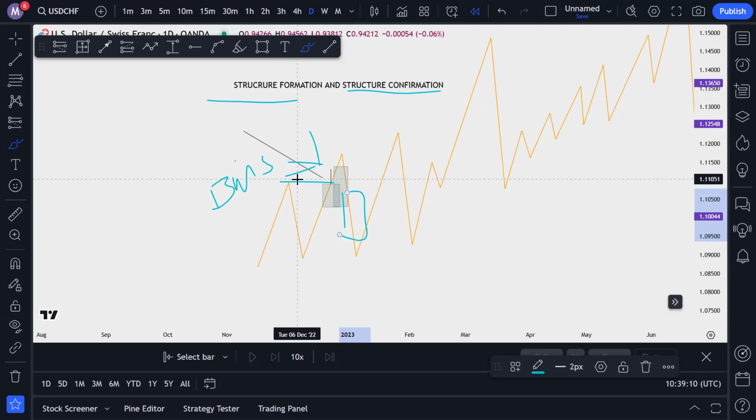Now if we are dealing with an uptrend, we need to see price breaking previous highs with structure confirmation, which is a candle closure. Let me just write it.